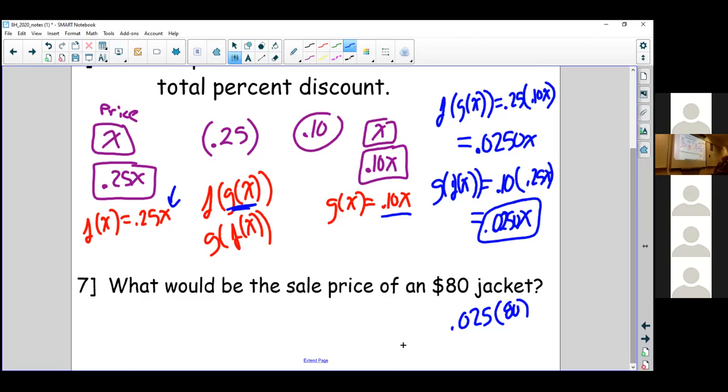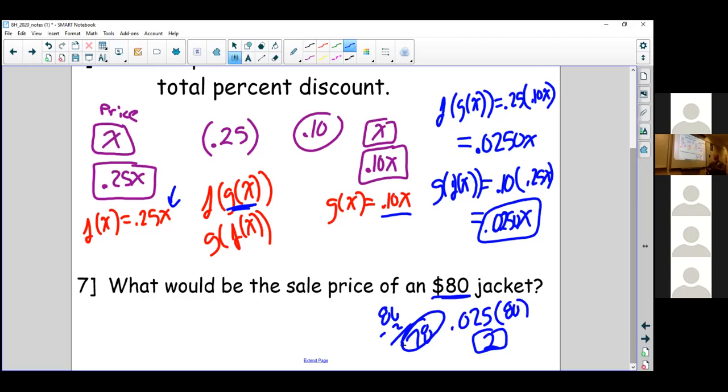Huh, where am I? I made a mistake up here someplace. I'm trying to find it. 0.25, I agree, that's 25%. 10% is 0.10. Oh. 0.025 times 80. So if I do this math, that's 2. The jacket was $80, so 80 subtract the 2, so I got a $78 jacket. That's not right.